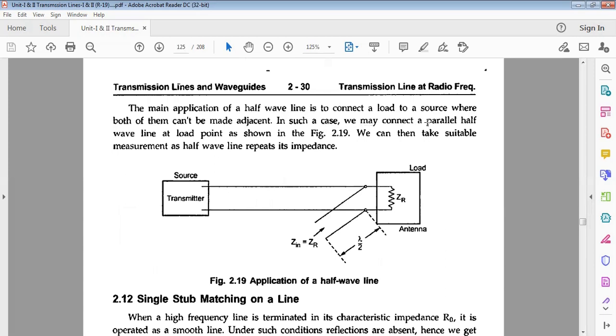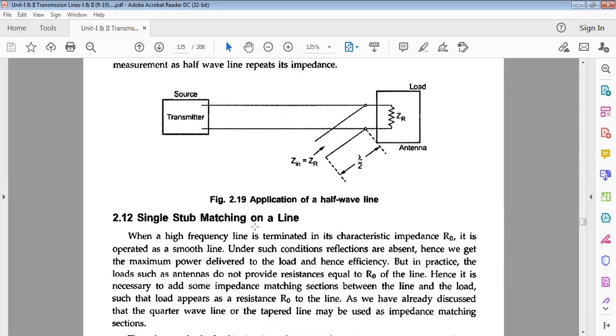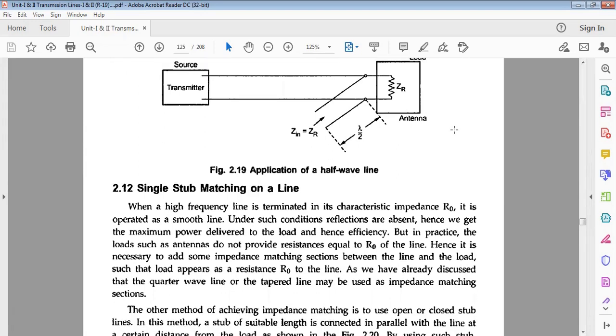In such a case, we may connect a parallel half wave line at the load point as shown in the figure here, of length lambda by 2. We can take a suitable measurement as the half wave line repeats its impedance. Here we can say it is a single stub, a single stub matching on a line.